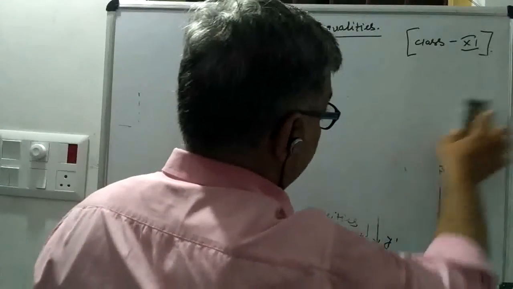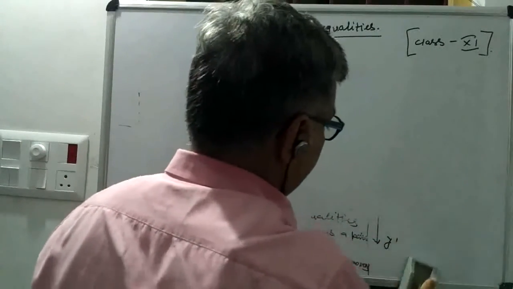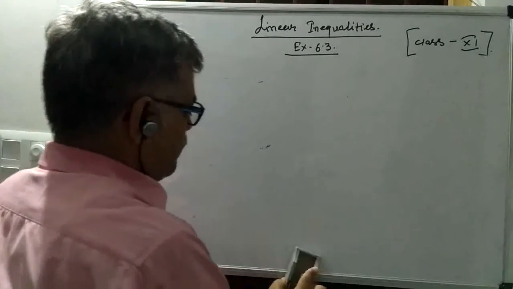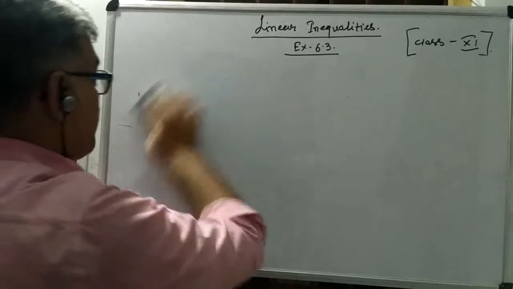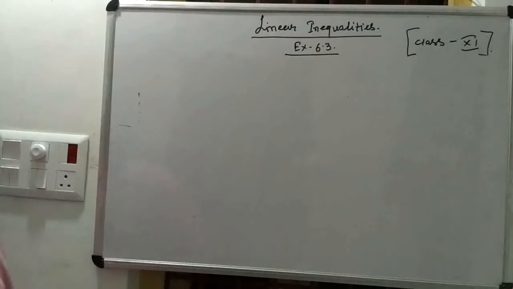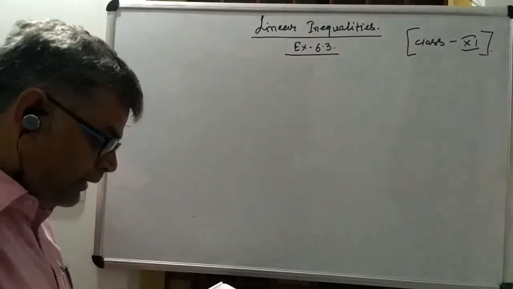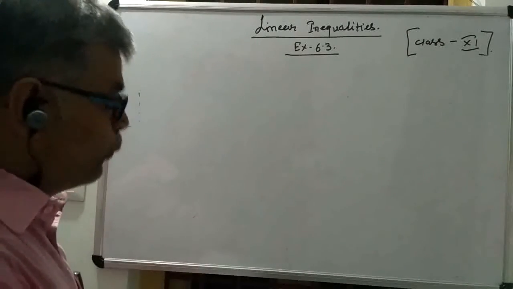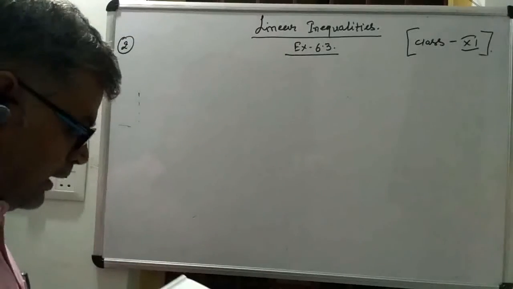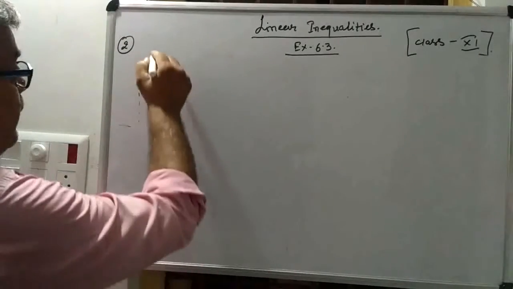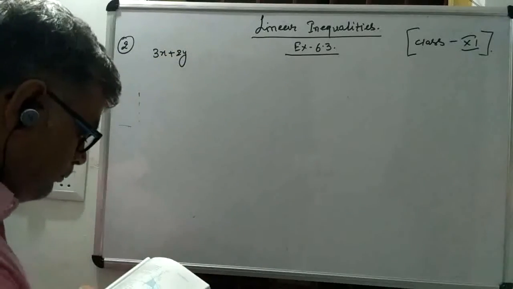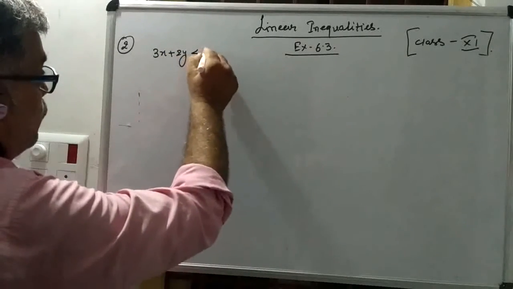Now see the next question from this exercise, question number C2. There are three inequalities given in this question. First is 3x plus 2y is less than or equal to 12.